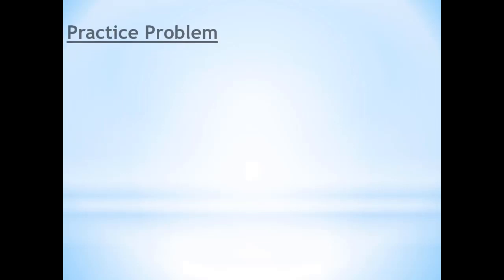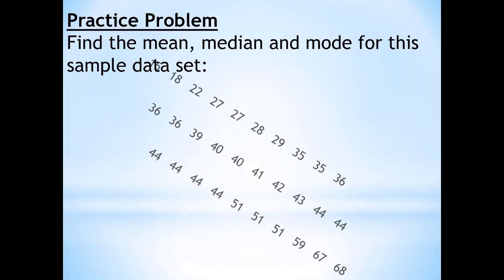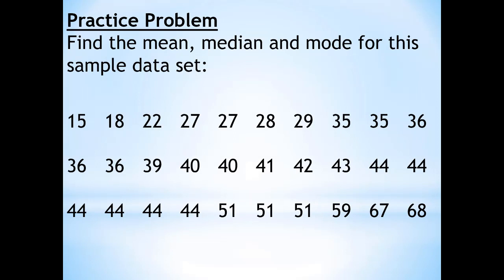So let's take a look at a practice problem. We're going to find the mean, median, and mode for this sample data set. We have 30 data entries in this data set.